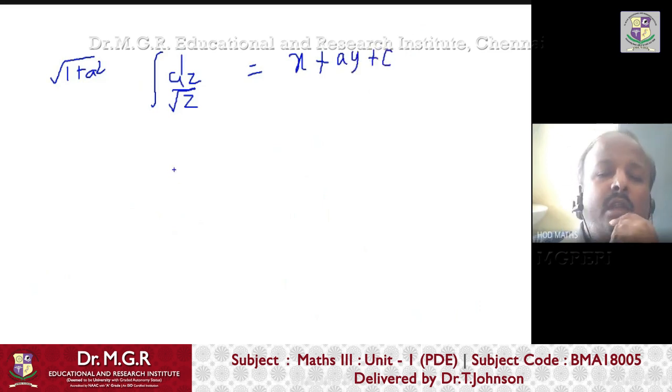Right. So now how to integrate dz by root z? Anybody knows what is the integral of 1 by root z?